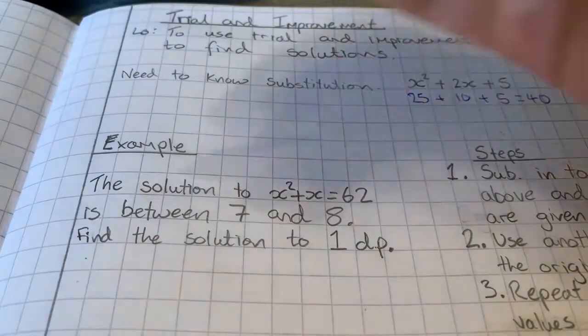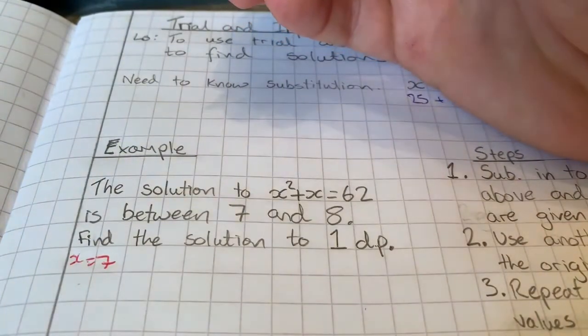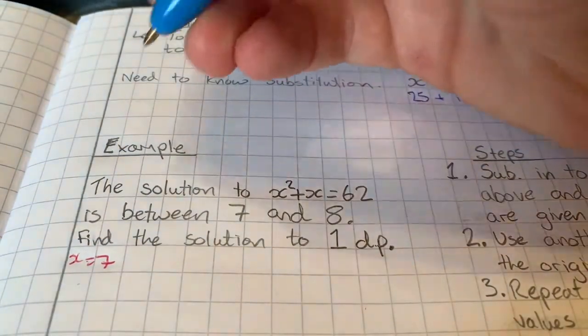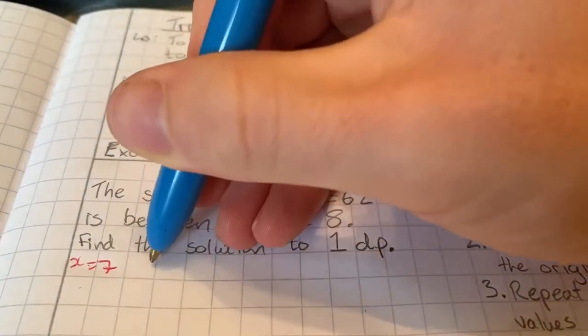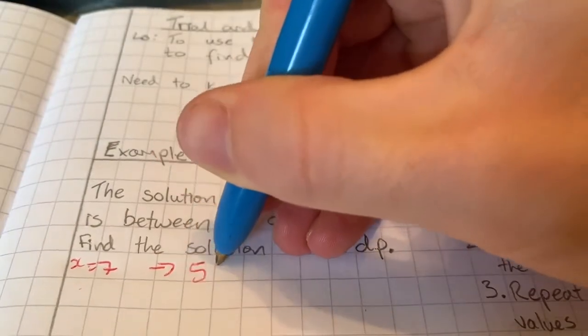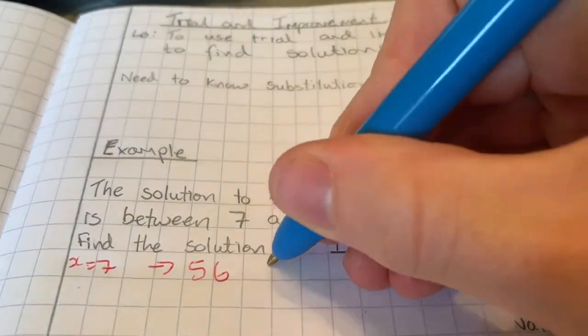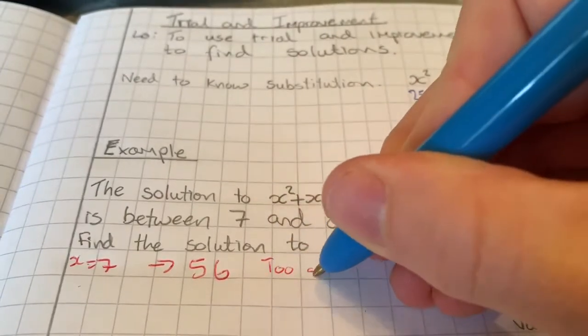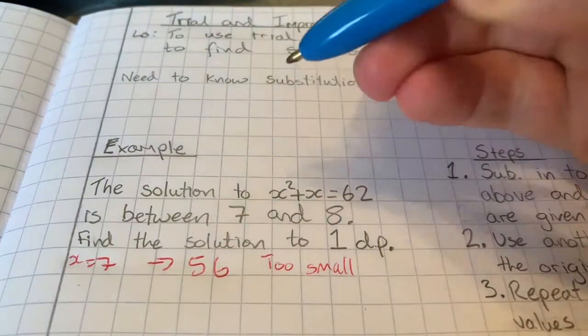So let me start with x equals 7. You can use a calculator when doing this, so I do have a calculator to one side here. 7 squared is 49, add 7. That will give me an answer of 56. So I substituted that in, and I can see that is too small. You do make notes as you go along, just brief notes like this.